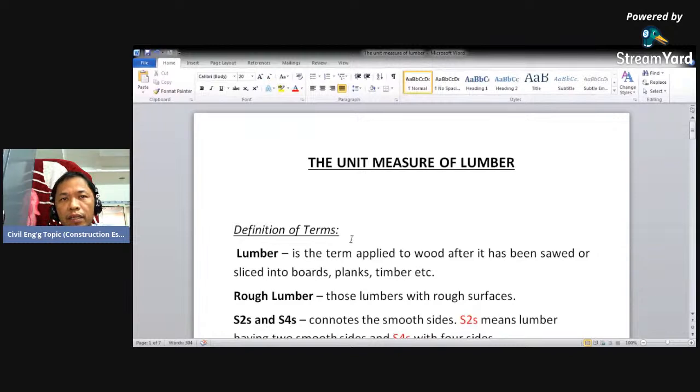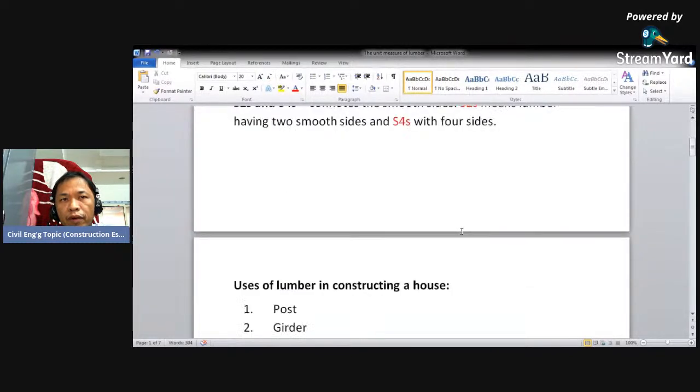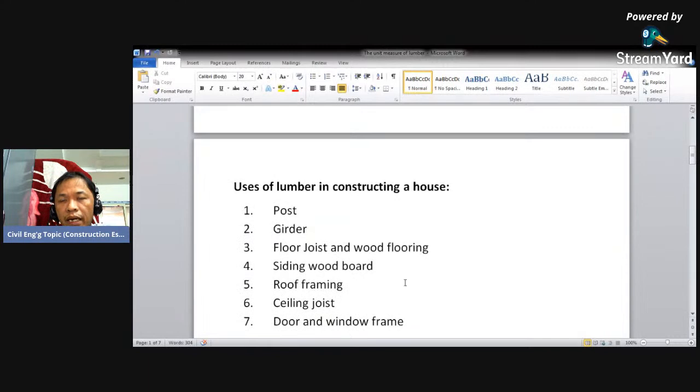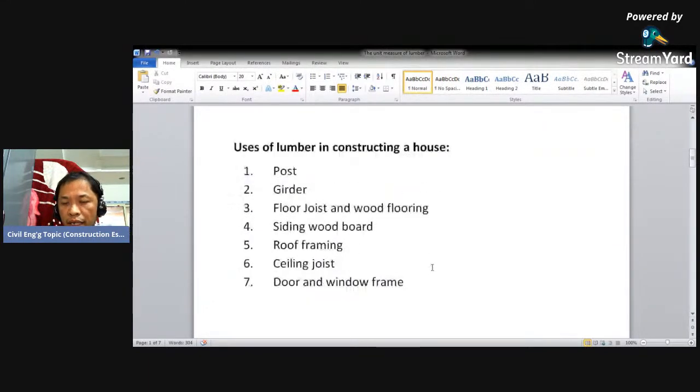Just as mentioned here, for example, if you will construct a ceiling in your house, it's very easy to compute how many board foot you require, and then you can multiply by the cost. You can find the total estimated cost of your project.